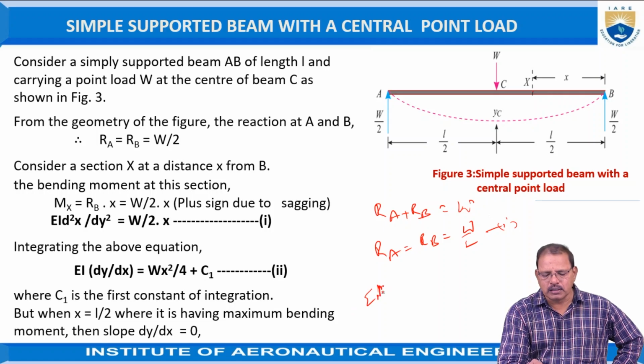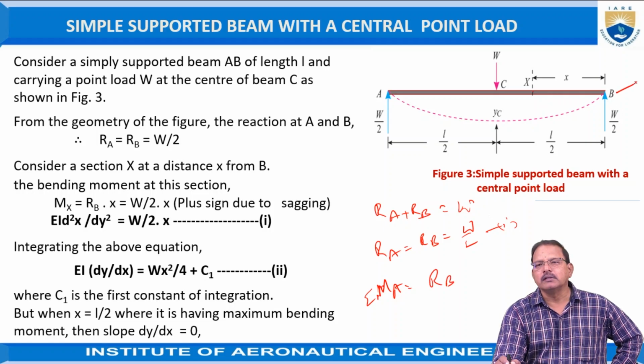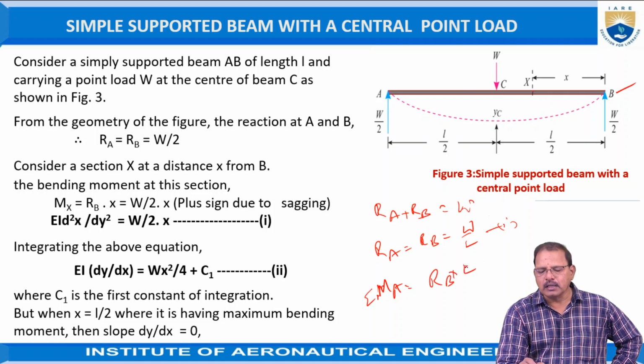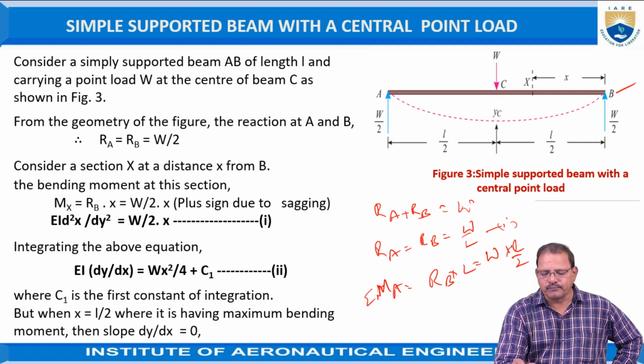Taking the sum of moments at A, it is equal to RB, the reaction acting at B, multiplied by L. It should be equal to the moment created by the load at C, which is at a distance of L/2 from A as shown in the figure.